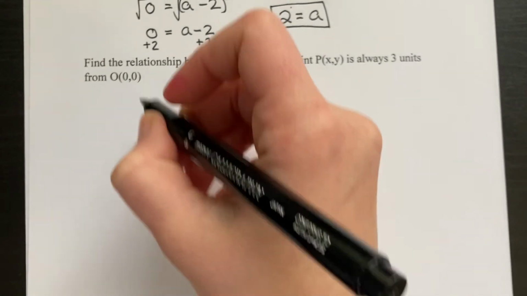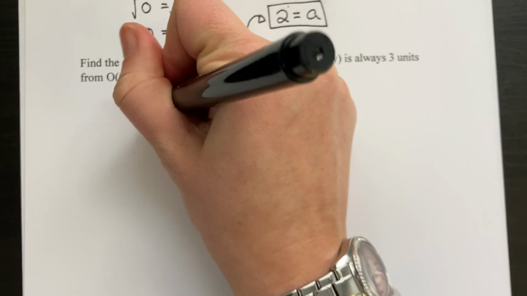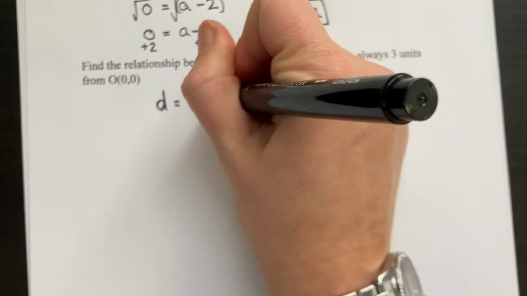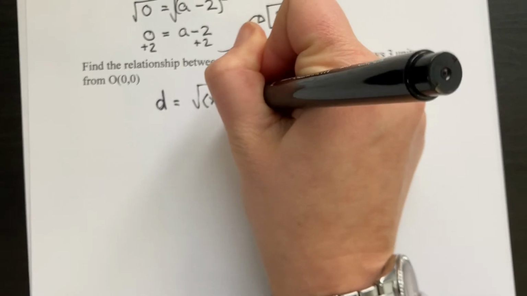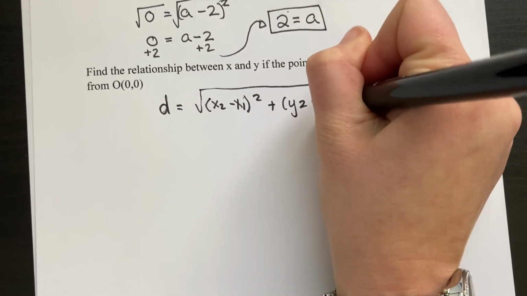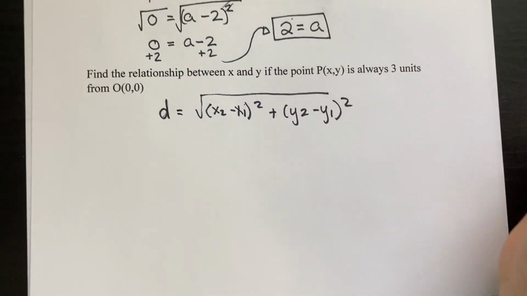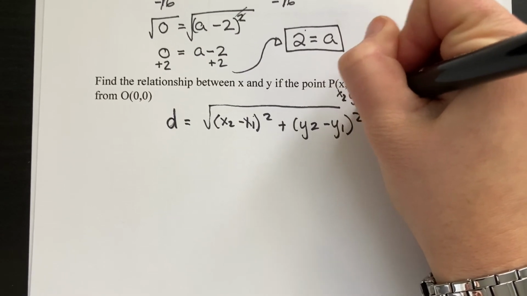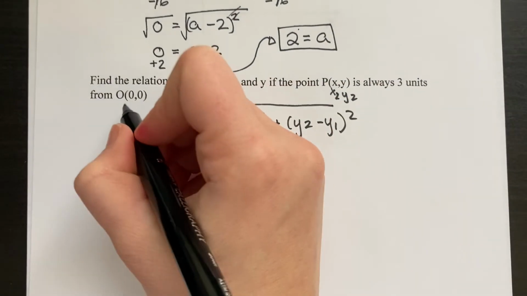So same concept as before, we're going to have our distance formula, which equals the square root of x2 minus x1 squared plus y2 minus y1 squared. Up to you again if you want to make this x2, y2, or x1, y1. It'll all work out in the end.